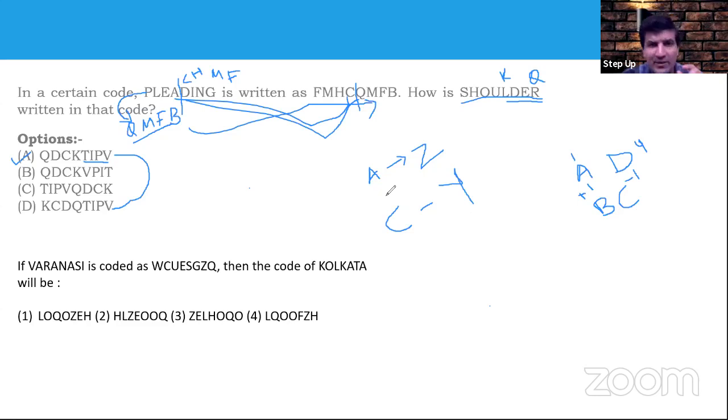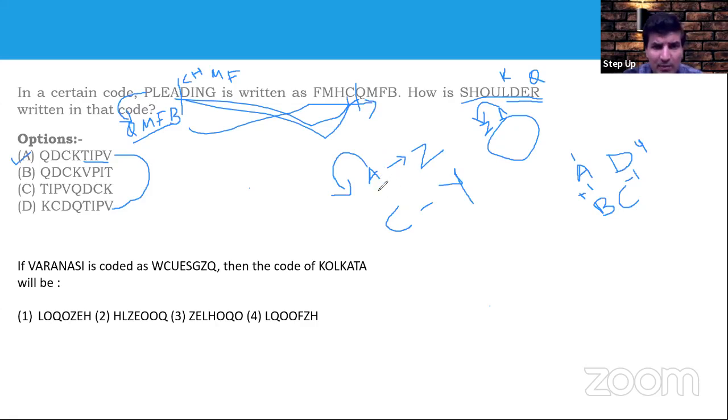Now you will wonder, how can A become Z? See, nothing but this is just going reverse, in that whole cycle of A to Z, right? If A is here and Z is here, it's going reverse. In these cases, you should pay attention that if it shifts so dramatically, it is definitely the reverse order that's happening.